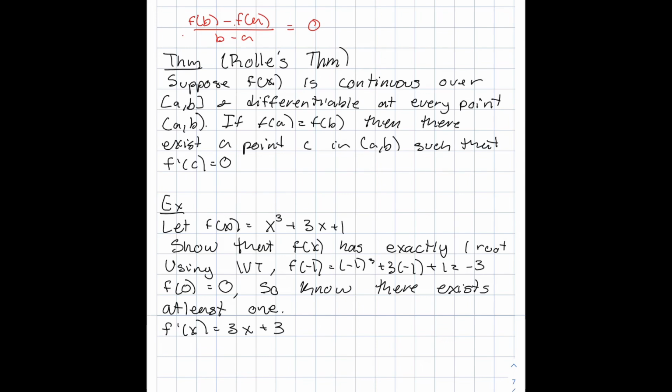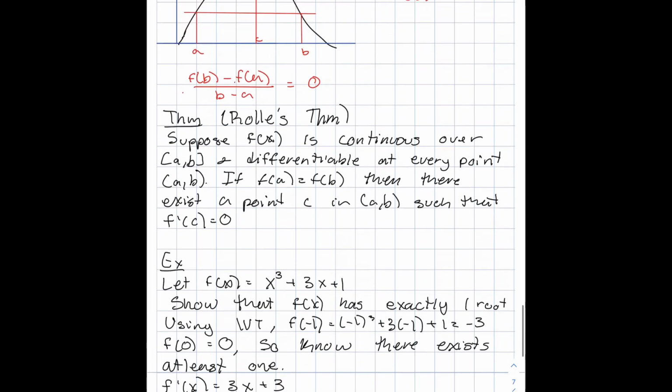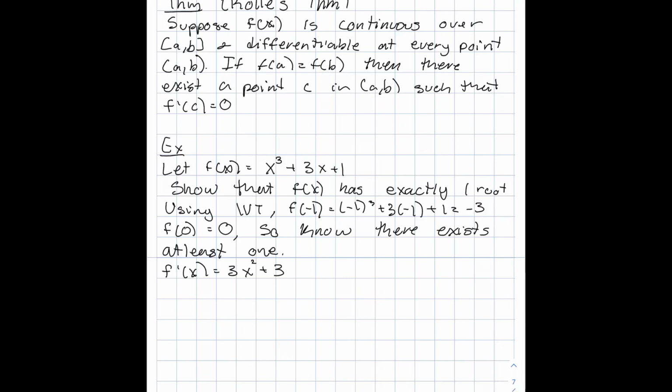That actually never equals 0, does it? We set this equal to 0 and factor out a 3, so we get x squared plus 1 equals 0. So x squared equals -1. Not cool, does not exist. Not a real number, right? That would give us an imaginary number.